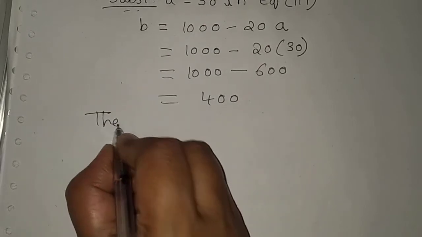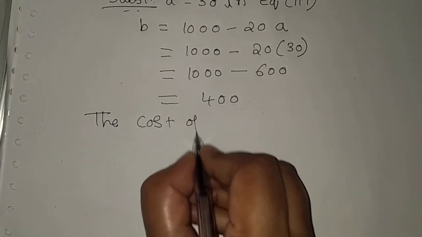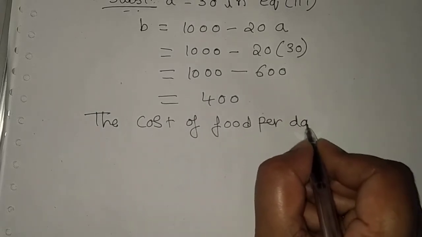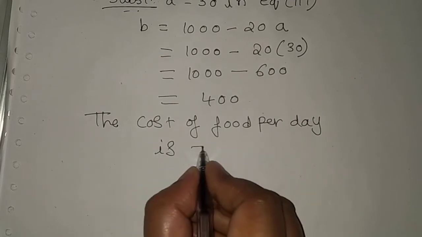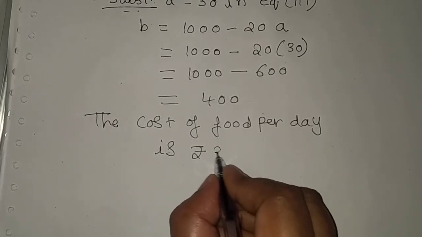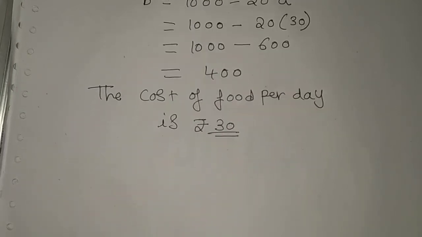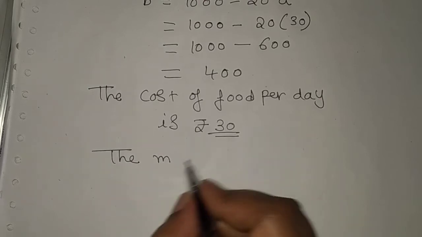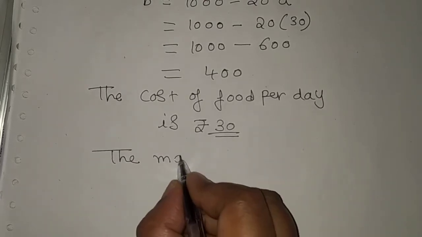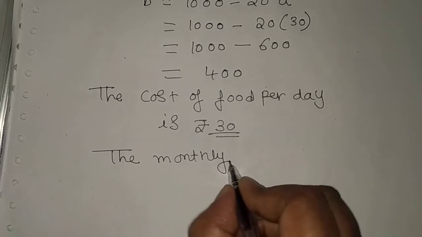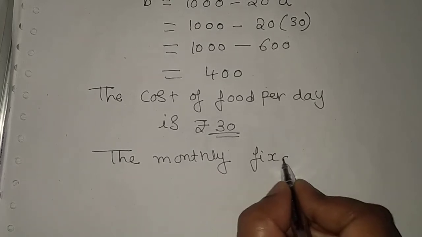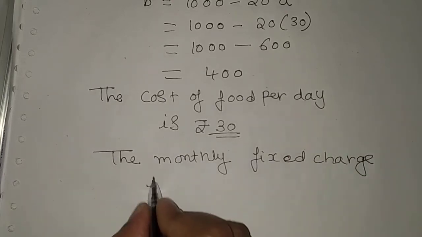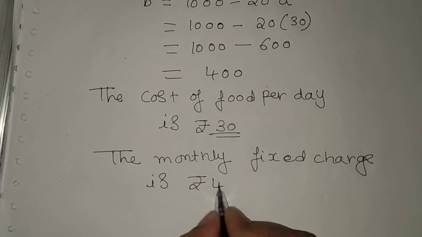Finally what we can write? The cost of food per day is how much? That is a, we are getting rupees 30, and next is the monthly fixed charge, that is b, rupees 400.